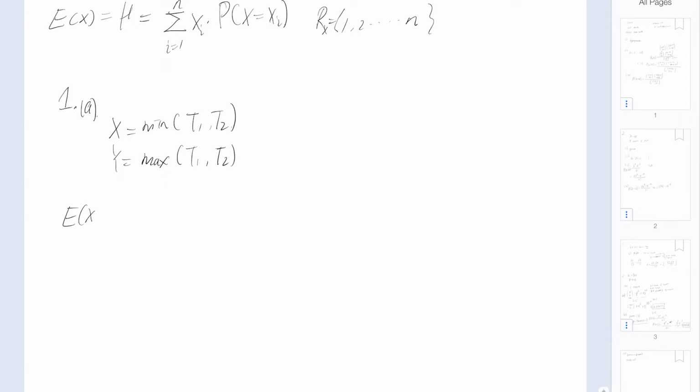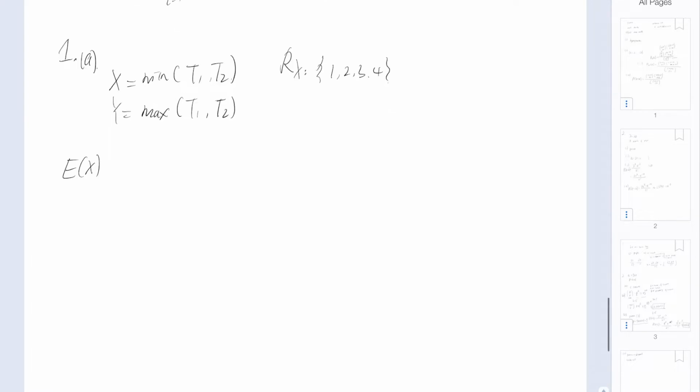So if you want to calculate the expected value of X, all we need to do is look at all the possible range of the random variable X, and then calculate the probability at each value. X can be 1 or 2 or 3 or 4, because the maximum of any die is 4 and the minimum is 1.